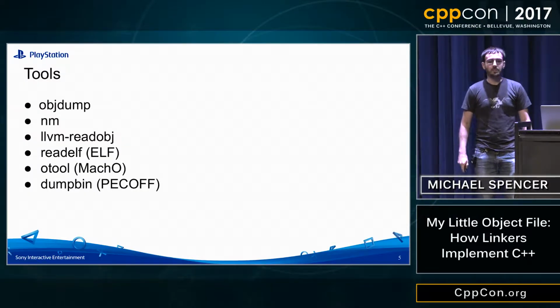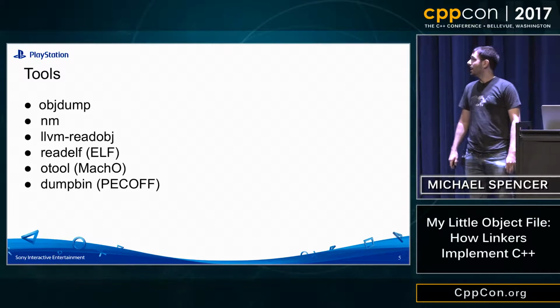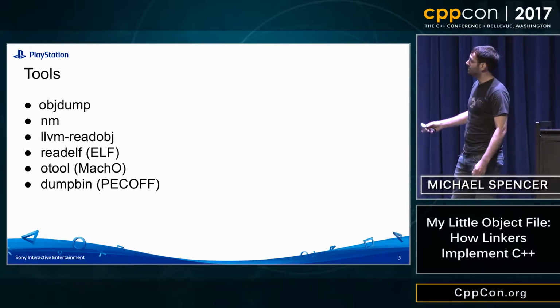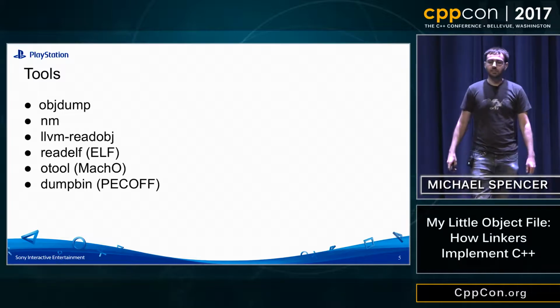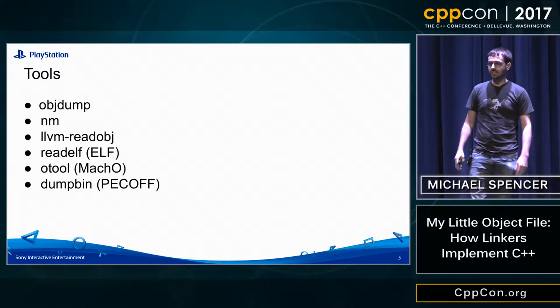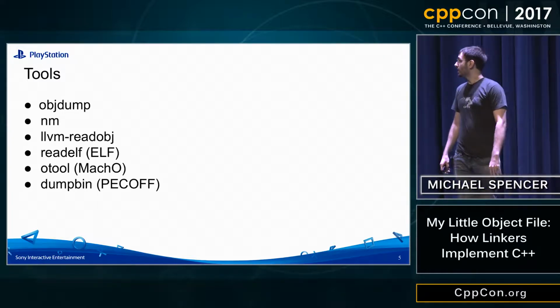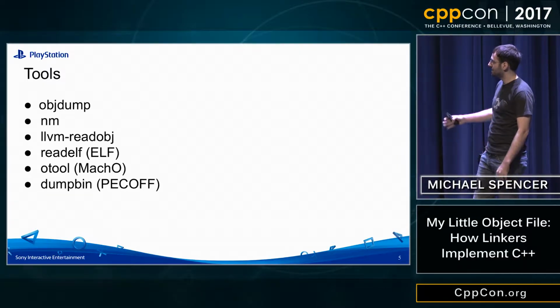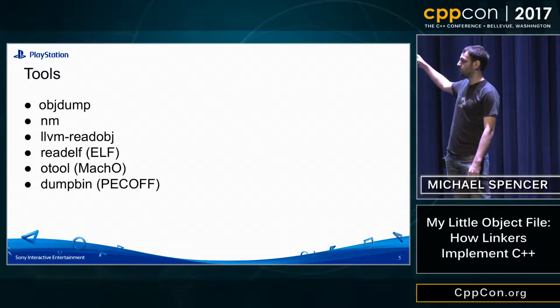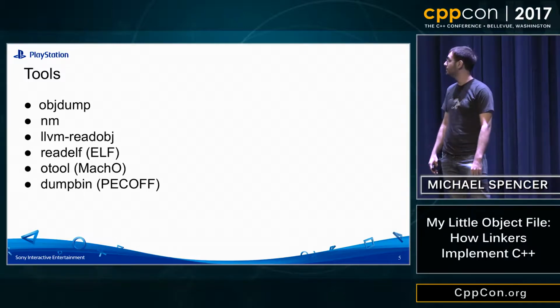So we've got some tools to help us. Objdump, nm, llvm-readobj. These are generic dumpers, in binutils and LLVM, that can dump pretty much anything. We've also got format-specific dumpers: readelf, otool, dumpbin. These are the three formats I'm going to cover: ELF, Mach-O, and PE/COFF.